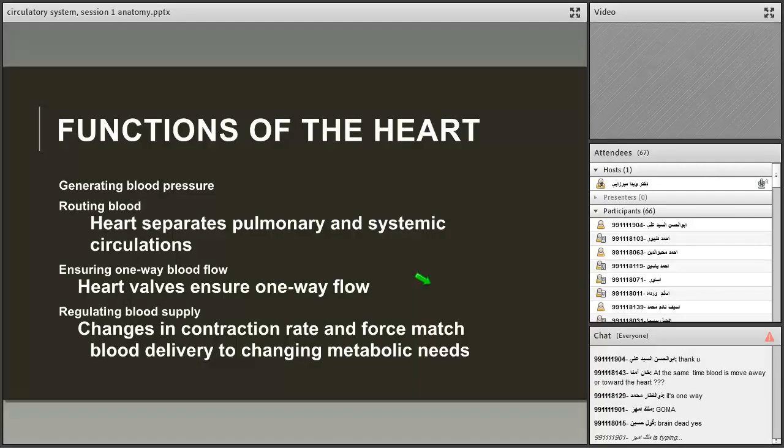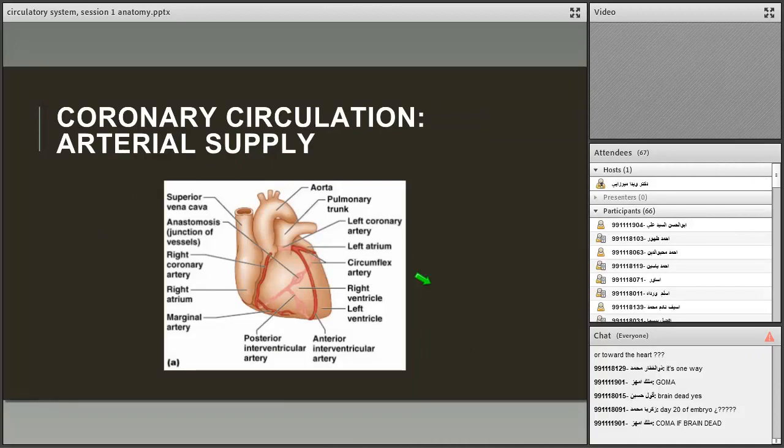But if the heart stops functioning, it will definitely be death. So the heart is so important. Yes, day 20 of the embryo. It's coma if we have brain death, but with the end of the heart function, it will be death.